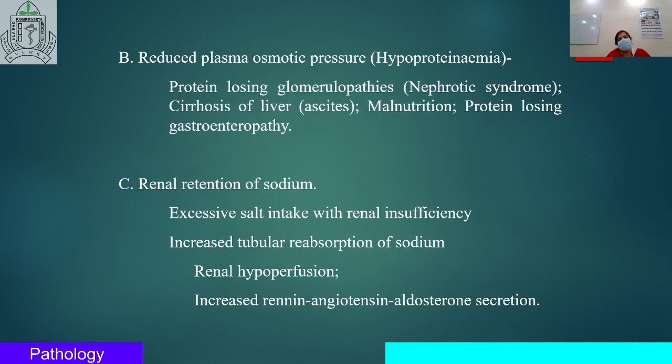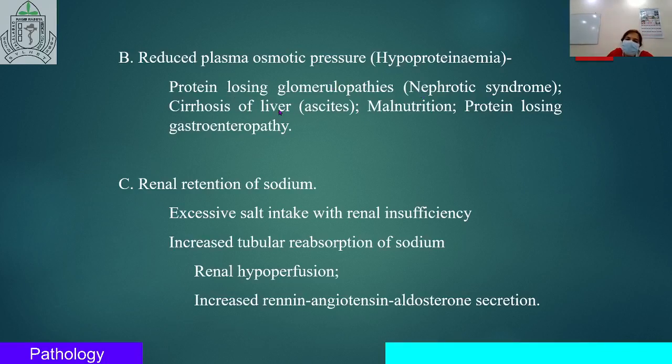Another important mechanism is reduced colloidal osmotic pressure. We know that colloidal osmotic pressure is maintained by the plasma protein. So, if due to any cause there is loss of protein, that is hypoproteinemia, decreased protein level in blood, it may be due to protein losing glomerulopathies or nephrotic syndrome.